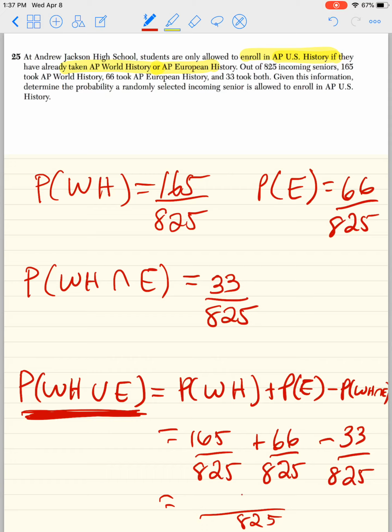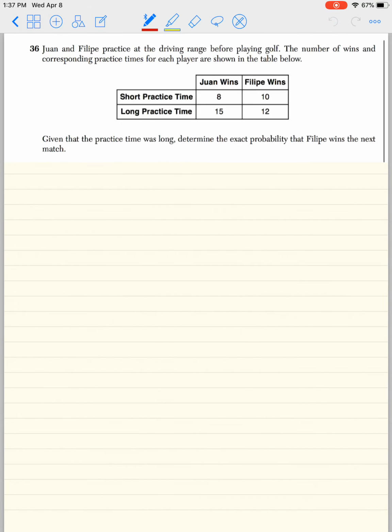And you get 198 out of 825. Does it say exactly? I would just keep my answer like this. So your answer, the probability that they took world history or European history is 198 over 825. Okay, so I hope that was easy enough. Remind yourself of this word or. Okay, let's do the next problem.